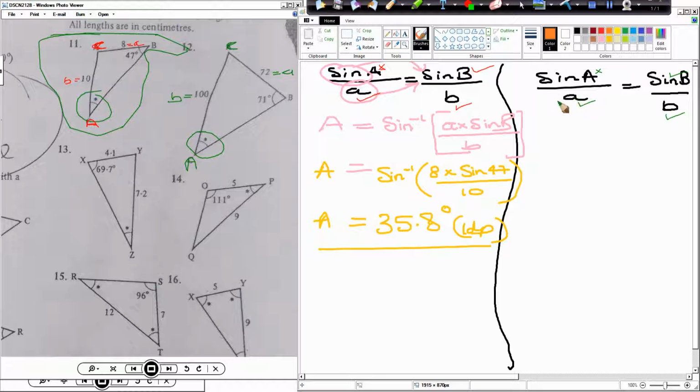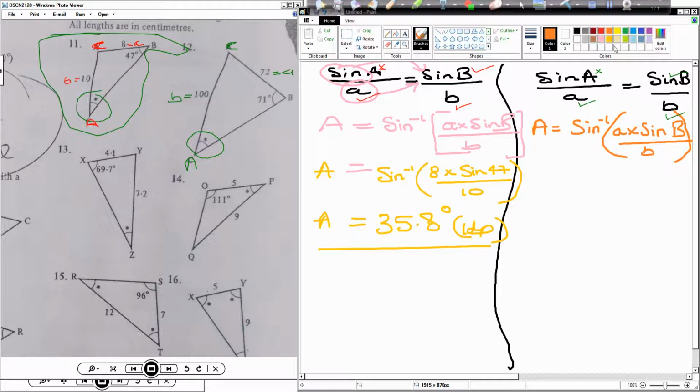We need the same type of rearrangement. Let's go back to this over here. Big A is exactly the same as what we just did in the previous question: sine minus 1 of the little a times the sine of the big B, divided by the little b.